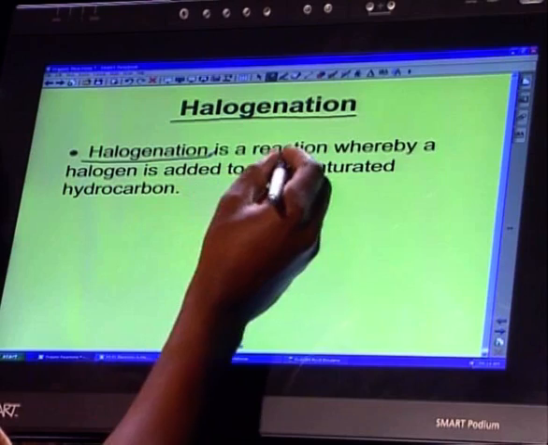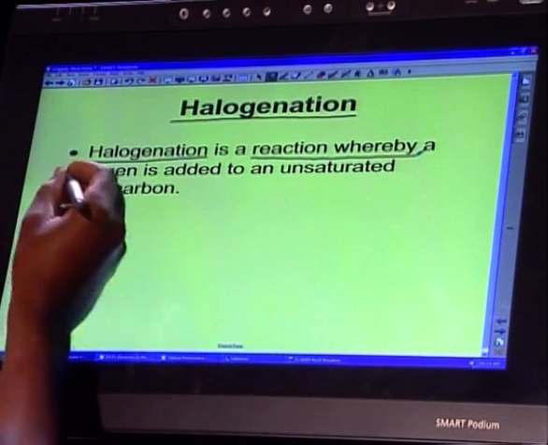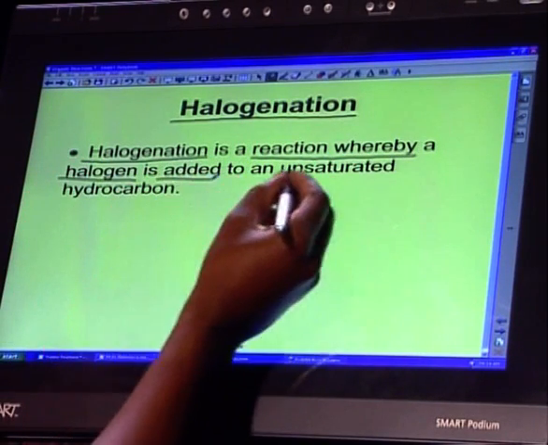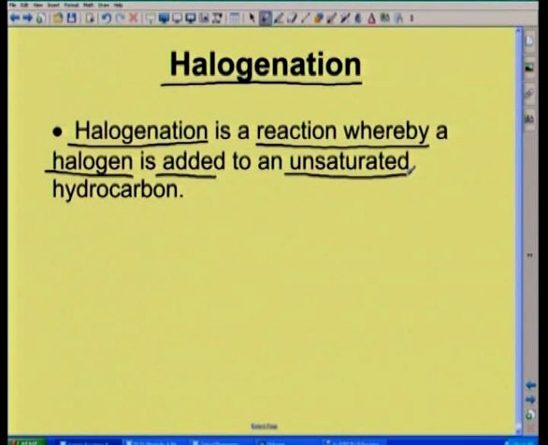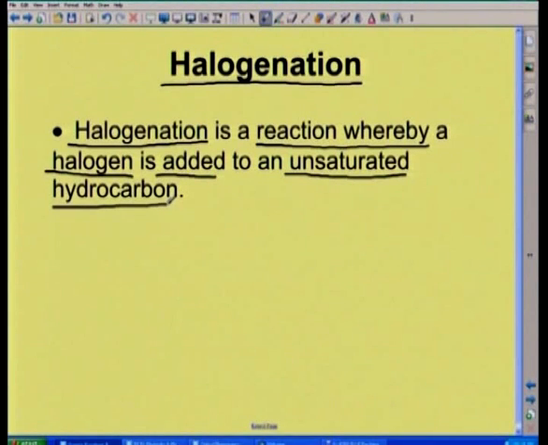Halogenation is a reaction whereby a halogen is added to an unsaturated hydrocarbon. Again, we are adding onto unsaturated organic molecules. You cannot add to a saturated one. You can only replace, you can only substitute on a saturated one. If you are to add, it has to be on unsaturated hydrocarbons. Okay, so those will be the alkenes and alkynes.